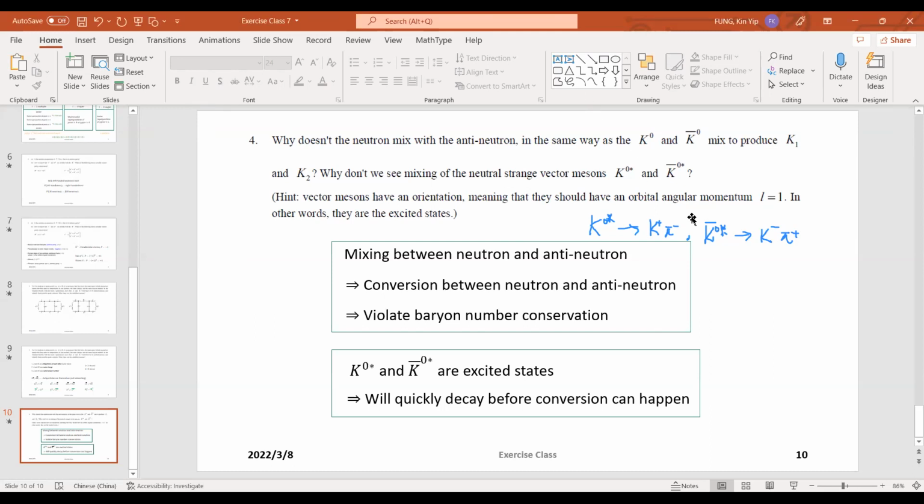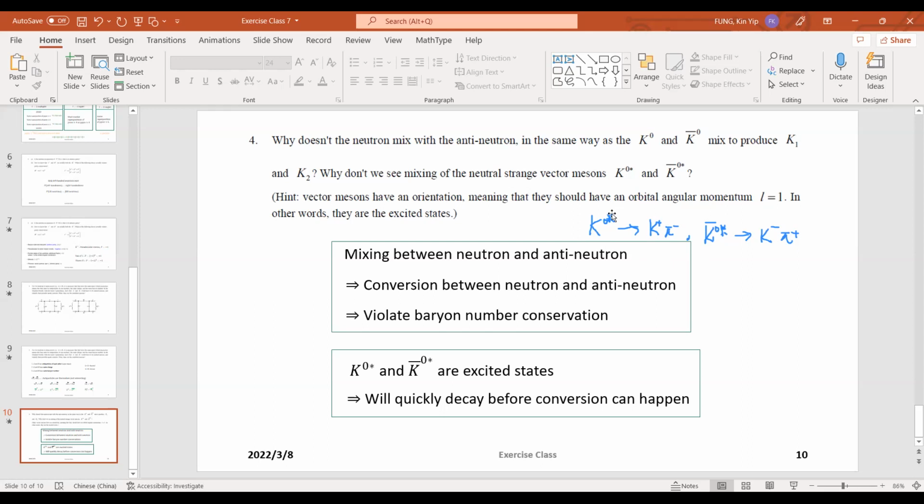Let me see. It does not have an explanation here, but as you know, weak interactions do not have a specific time scale like strong interactions. You have a very large range.